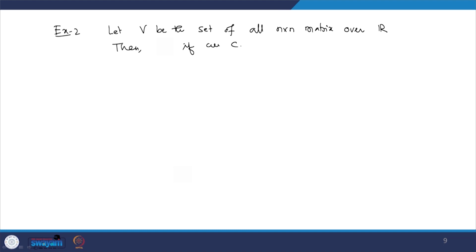Let me take another example. Let V be the set of all n cross n matrices over the real numbers R. Then if we consider any matrix A belonging to V, I will be able to write A equal to (A plus A transpose) by 2 plus (A minus A transpose) by 2.